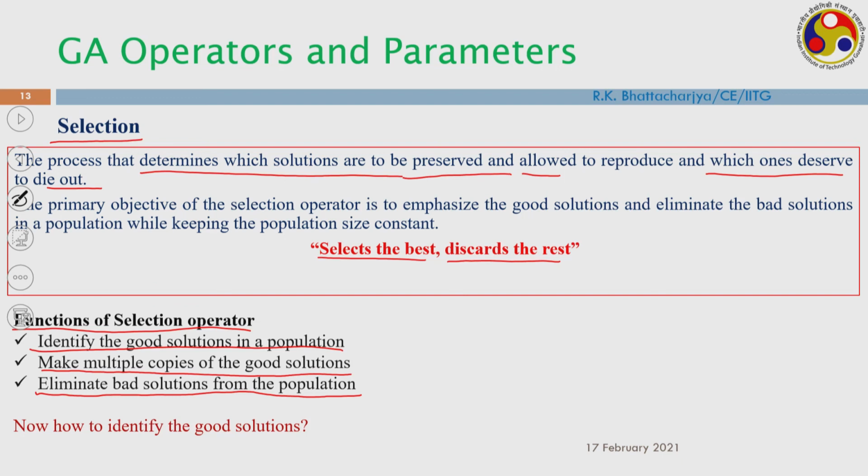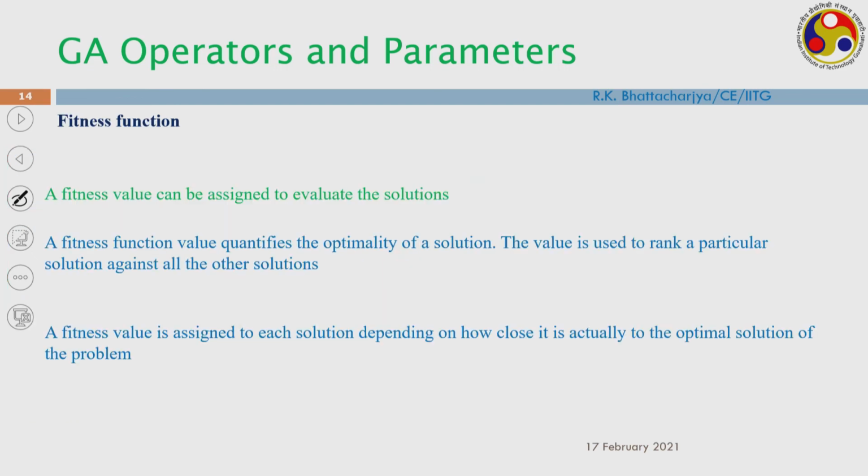Now, how do we identify the good solutions? We can identify them using a fitness function. A fitness value can be assigned to evaluate each solution. By looking at that value, you can tell whether the solution is a better solution, an inferior solution, the best solution, or something like that.